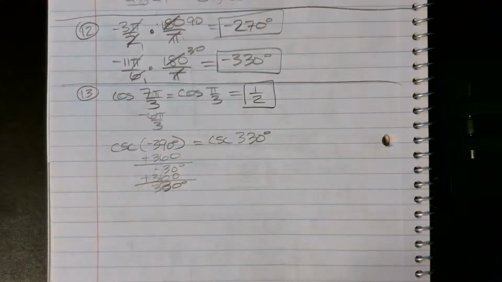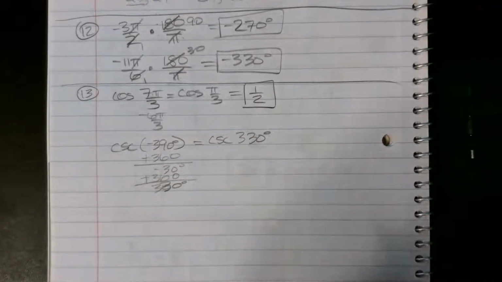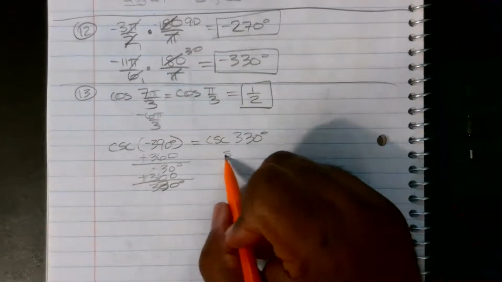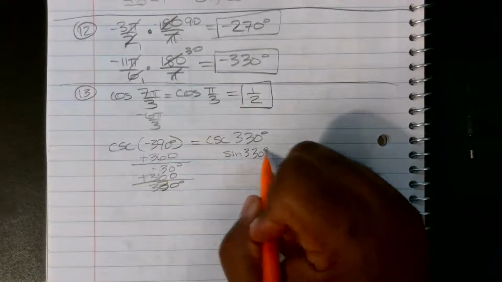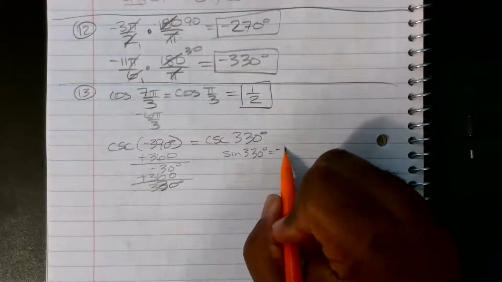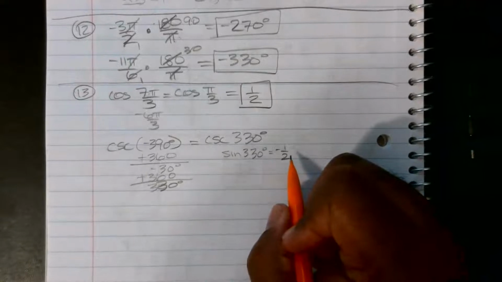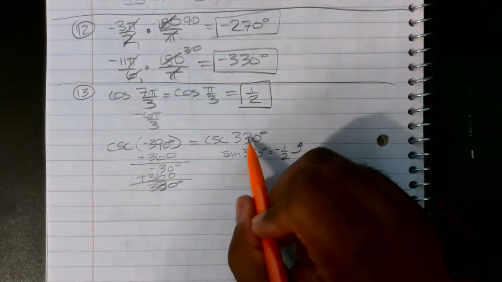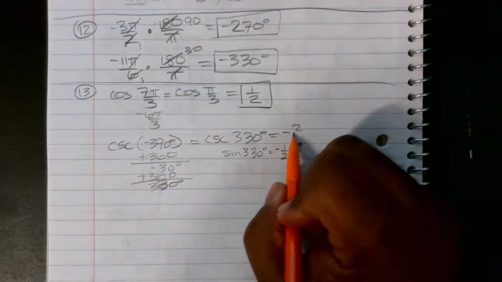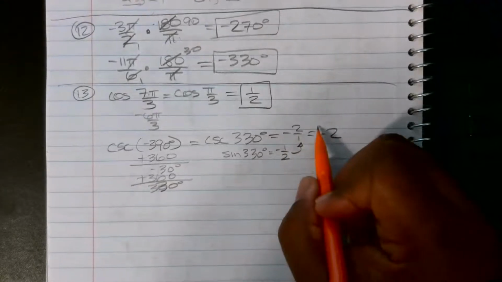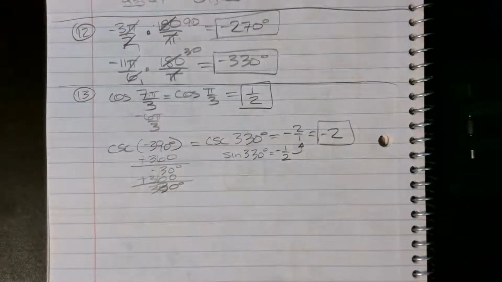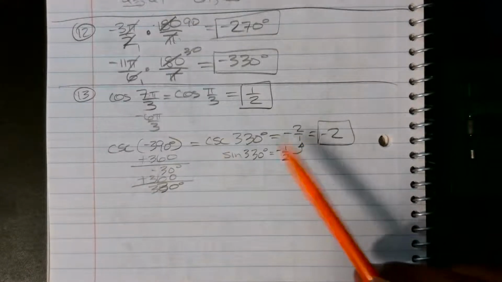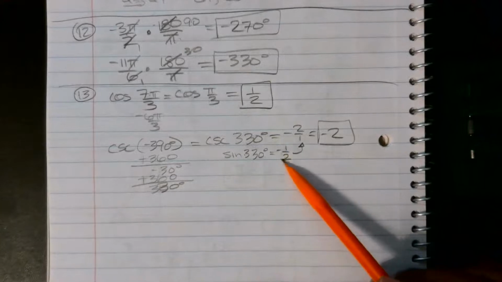The sine of 330 degrees is equal to negative 1/2. That means the cosecant is negative 2 over 1, because to get from sine to cosecant, I take the reciprocal of the fraction.